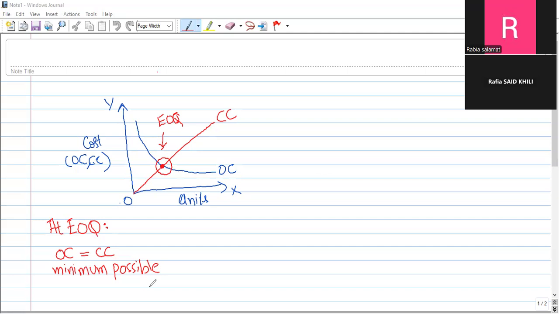The main purpose of EOQ is to reduce the annual inventory cost. Annual inventory cost includes two types of cost, that is inventory ordering and inventory carrying cost.